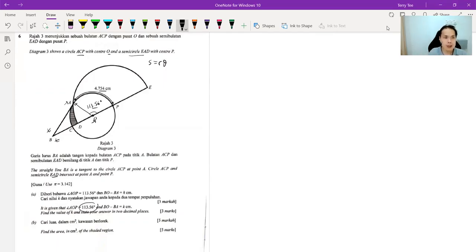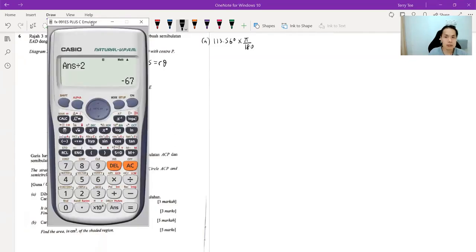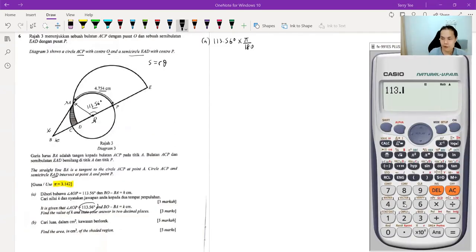But before that, I should convert this angle 113.56 to radian. We can convert to radian by multiplying with pi over 180. Remember in SPM, we always use 3.142 for pi, so when you type in the calculator, please use 3.142. 113.56 multiply 3.142 divide 180.